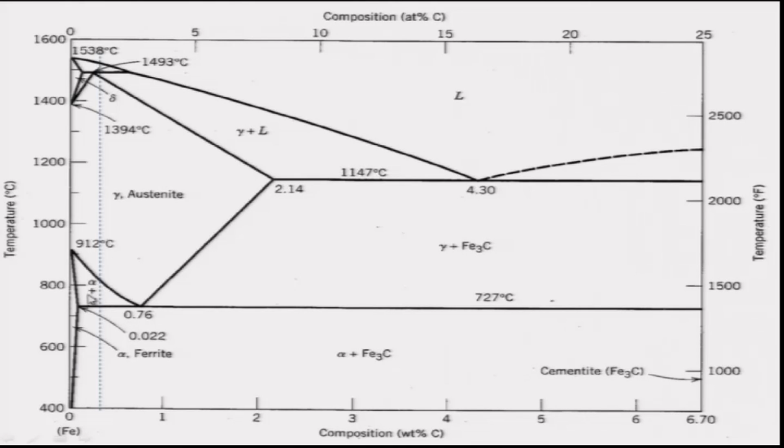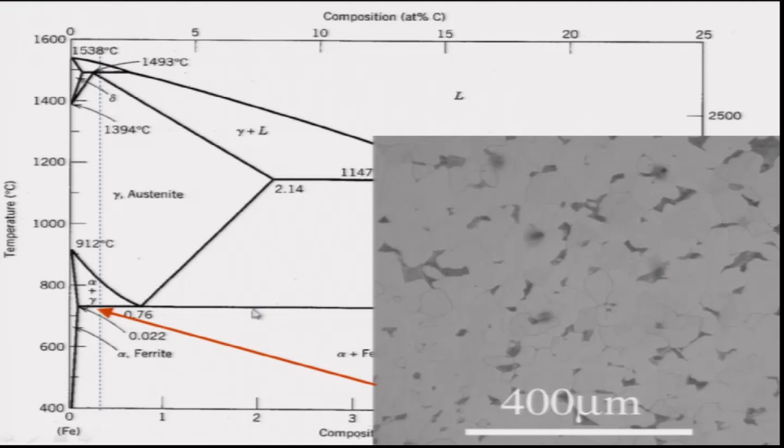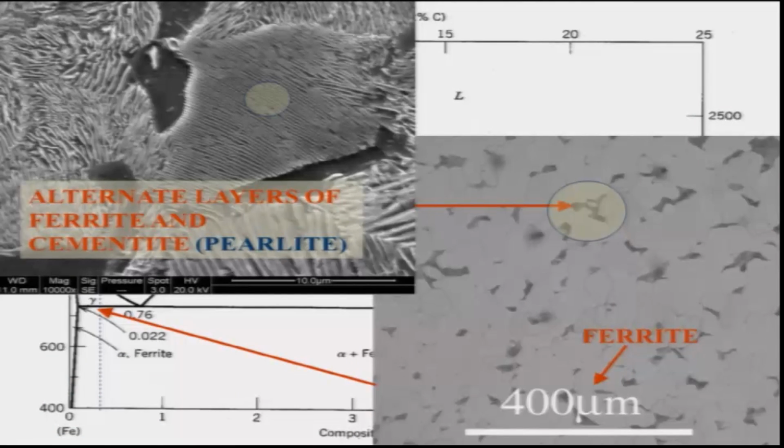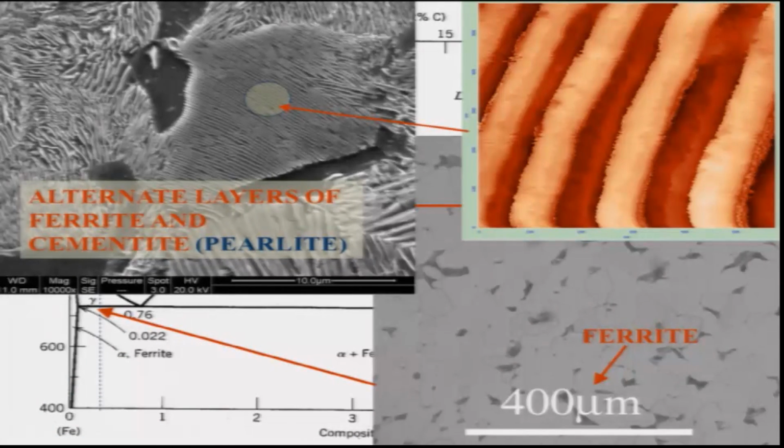So, the ferrite will start to transform in a diffusional manner, and then finally going below the eutectoid line, the remaining austenite transforms to pearlite, and this is what is displayed in the microstructure here. So, there are pearlite islands in a ferrite matrix, and you can more clearly see the structure in a scanning electron microscopy image, and the pearlite can be even more clearly seen in an atomic force microscope image here, where the lamellae of ferrite and cementite are very clearly visible.